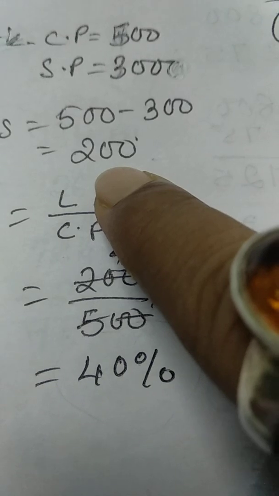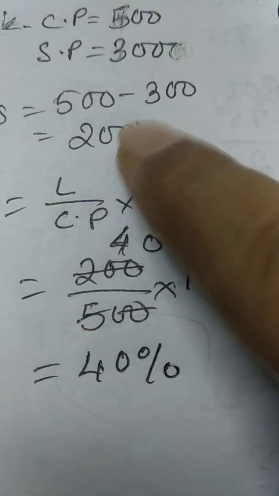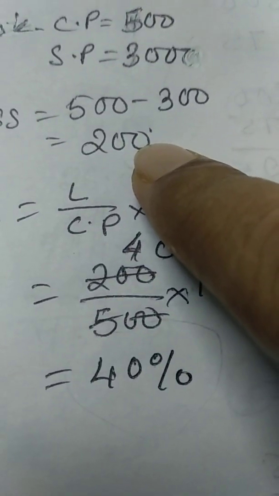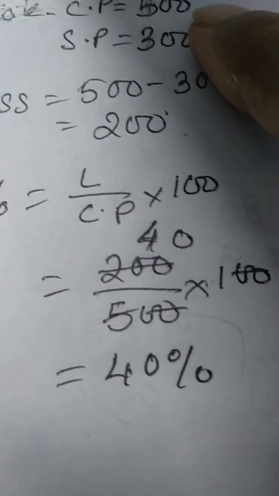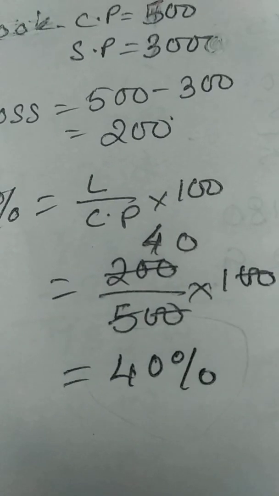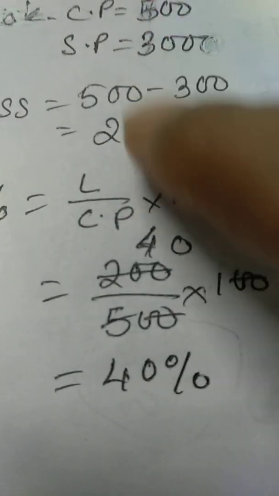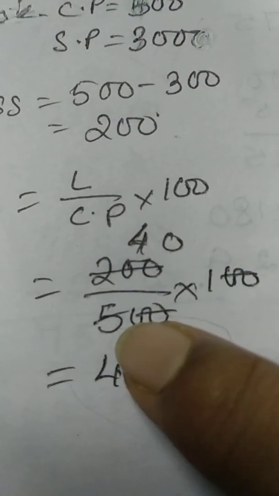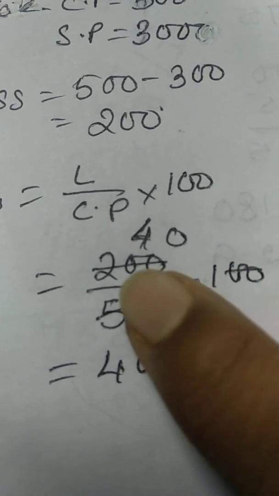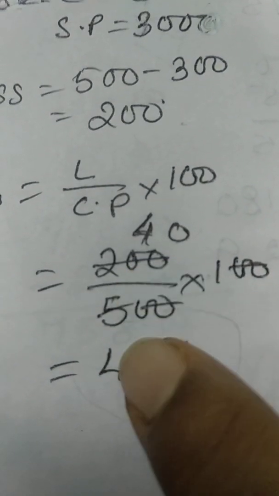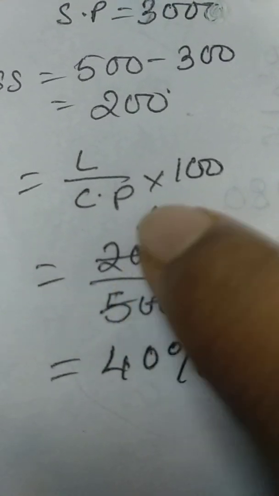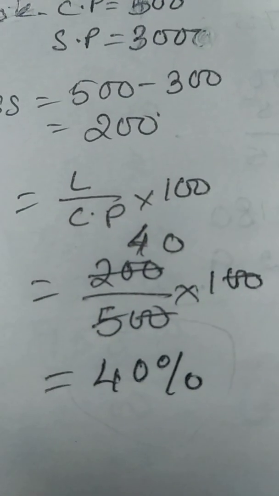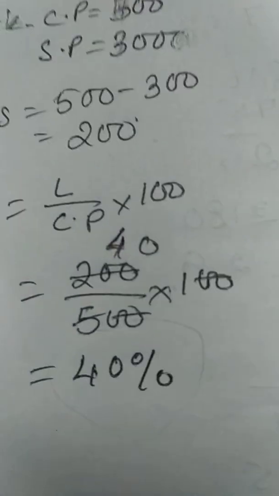Till this much you have learned to do. Now after this you are learning: if the loss is 200, I will divide this by 500 and multiply by 100 to get the percentage. The 0s we will cut. I will get 200 by 5, so 5 fours are 20, so 4 and 0. So it will be 40%.